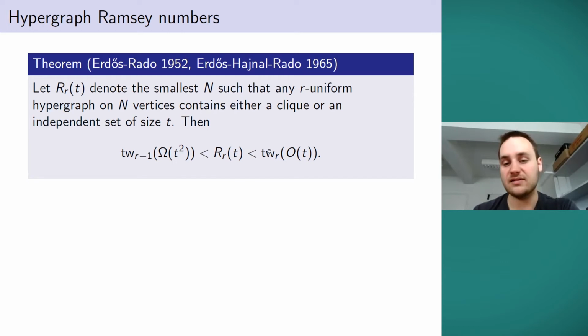The upper bound is a tower of twos of height r with a linear function of t on top, and the lower bound is a tower of twos of height r-1 with a t-squared on top. So there is an exponential gap between the lower and upper bound.